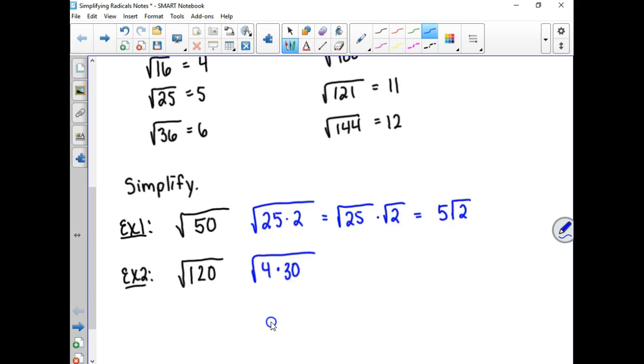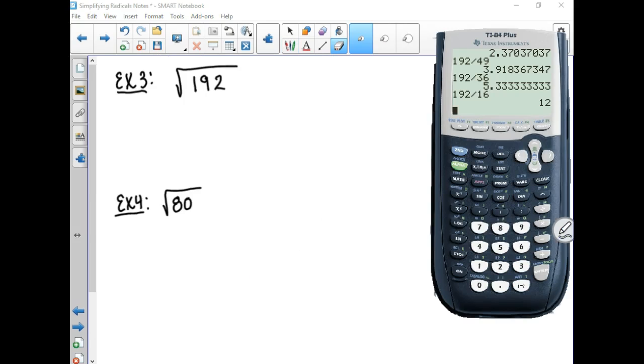And it is useful because I know that the square root of 4 is 2. When I take the square root of 4, it becomes 2. It is on the outside of that square root. The 30 is going to stay on the inside of the square root. I cannot break 30 down any further, so I would stop right there. So square root of 120 would equal 2 times the square root of 30.